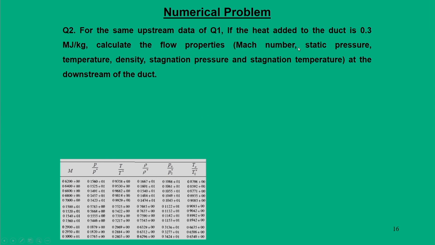Now, we do not want to add 436 kilojoule per kg, we are going to add only 300 kilojoule per kg or 0.3 megajoule per kg. So, in that case what is going to happen to the flow properties? Here condition 2 is not a star condition, condition 2 is any real situation.